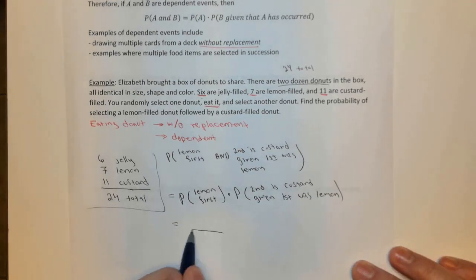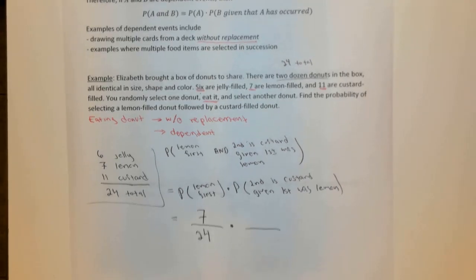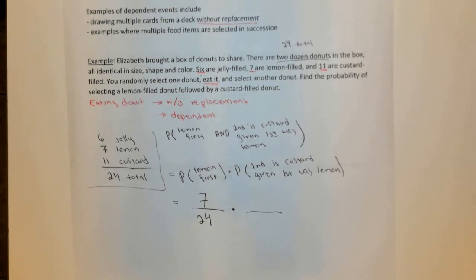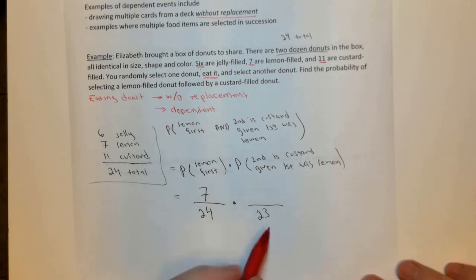So we have a total of 24 donuts. We have 7 lemon. That's the easy part. This is the hard part. How many donuts do we have left? We ate one of these lemons. We have 23 donuts left.